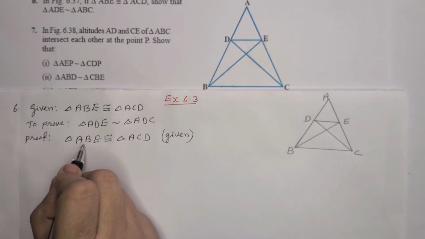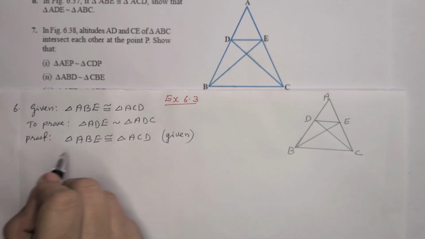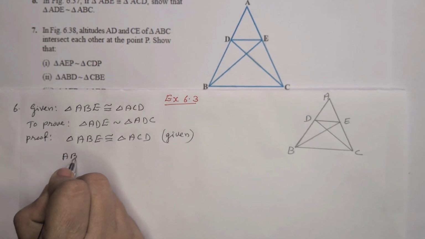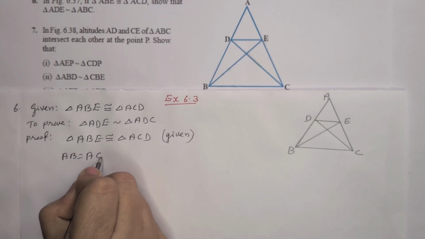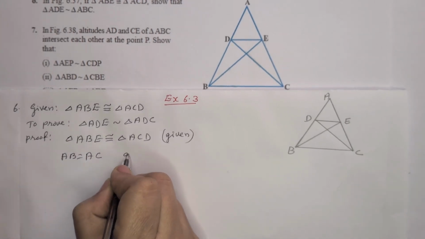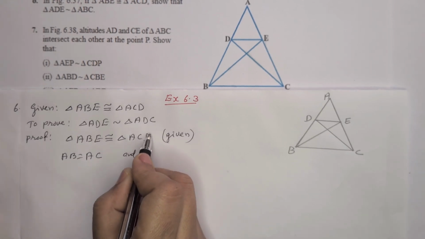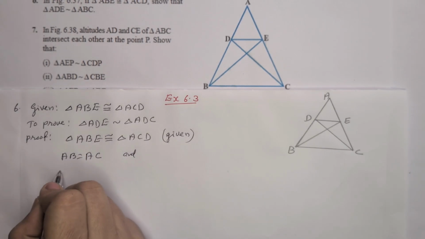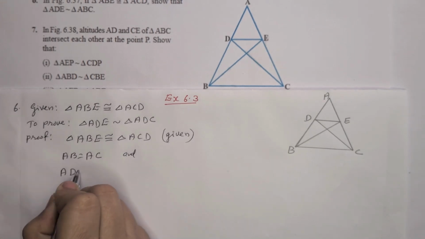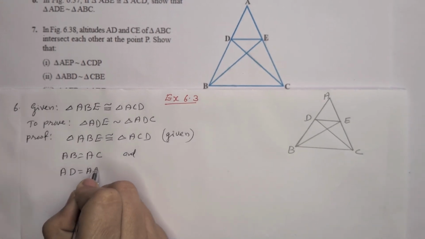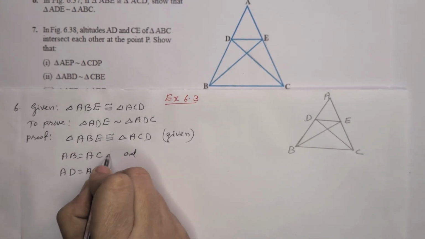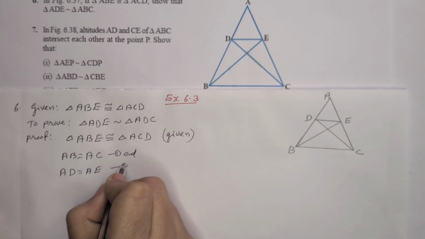From that we can write the corresponding sides: AB is equal to AC and AE is equal to AD, that we can write as AD is equal to AE. This is equation number 1, this is 2.